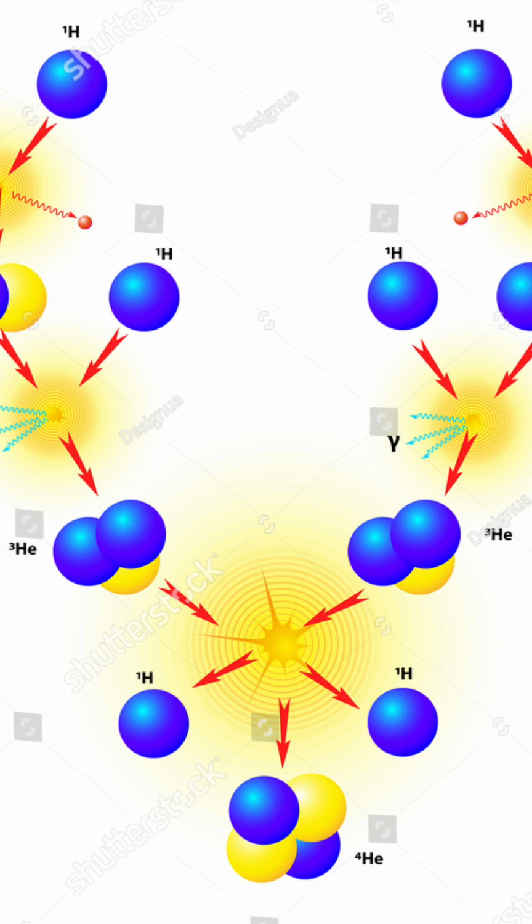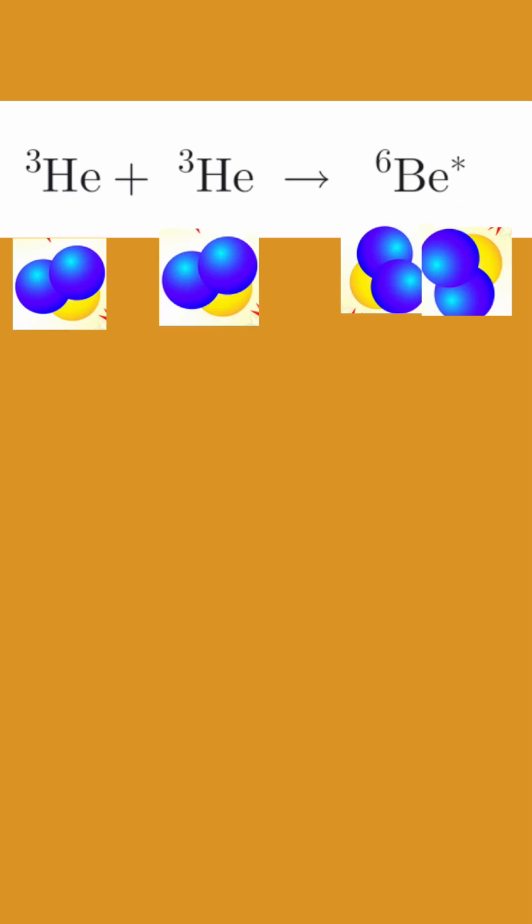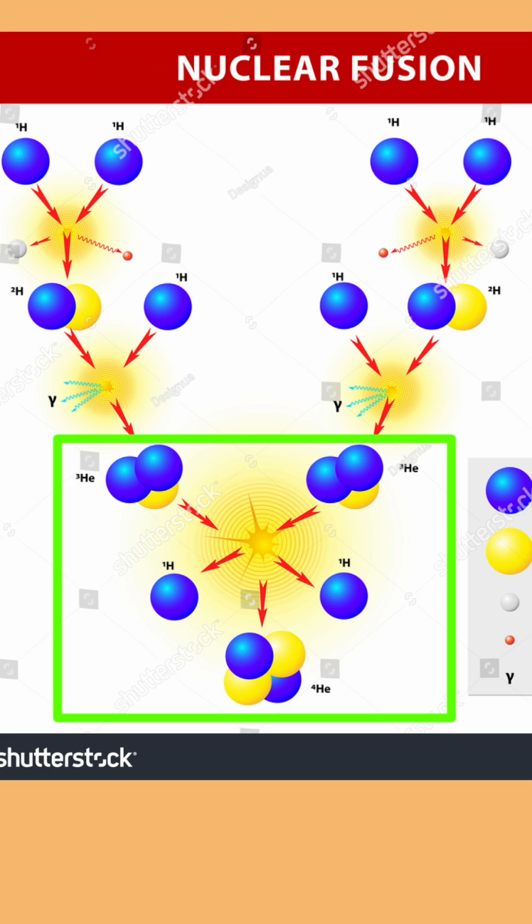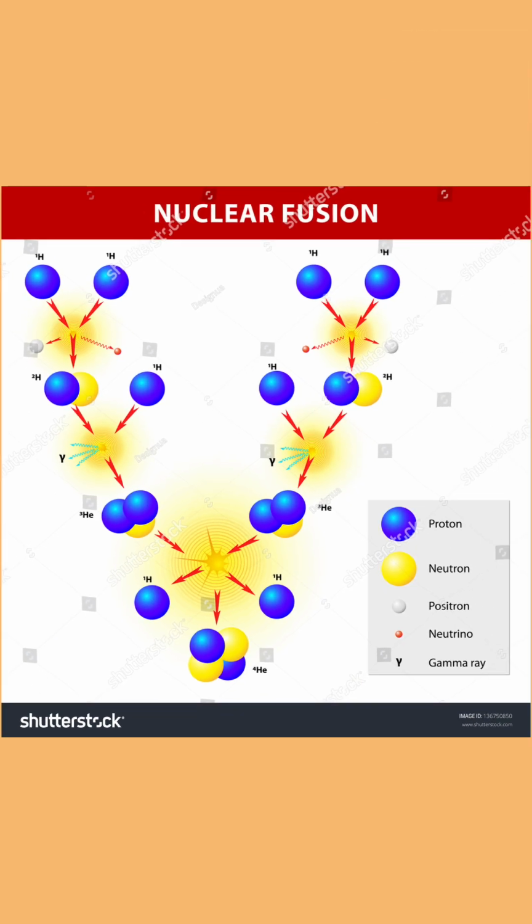Rather, what really happens is that two tritium combine together and form a resonance nucleus, beryllium-6, but it is highly unstable, so it quickly decays to helium-4 and emits two protons, which you initially saw on the diagram of the proton-proton cycle. And this is all about how the sun fuses hydrogen together to form helium, and we get energy and life is possible on Earth.